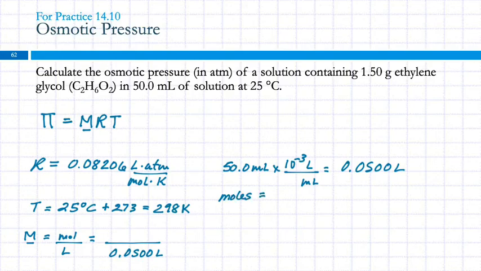So we've got a mass, 1.56 grams. We need to convert this to moles. So 2 times 12.01 plus 6 times 1.008 plus 2 times 16, 62.068.